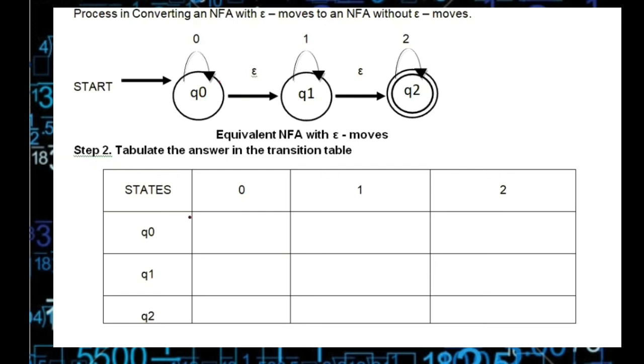First, Q0, pag nag-input ka ng 0, dito muna tayo sa cell na ito, ano ang magiging sagot? Q0, pag nag-input ka ng 0, mapupunta ka sa sarili niya. Okay, Q0, then comma. Mathematically, as I've told you, aside from self-loop, dahil may kasunod siyang mga epsilon, which is e-moves, it will jump here.